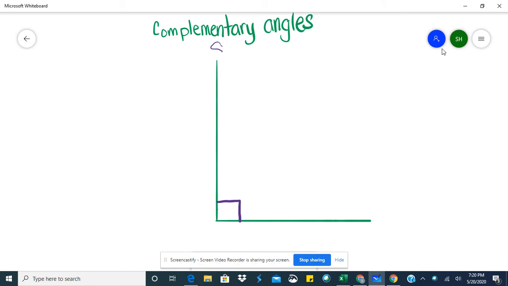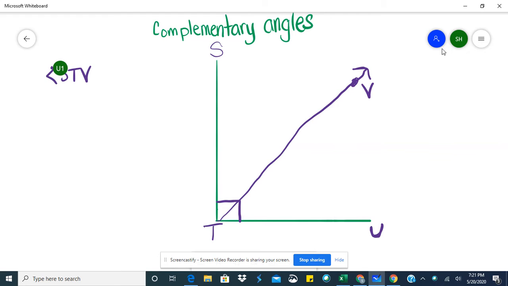We can have S, T, U. Now when you draw a ray through this angle, you now have two angles, and we'll put another line up here that can be V. So if I want to know what angle STV equals, I know that STV plus angle VTU equals 90 degrees because they're complementary.